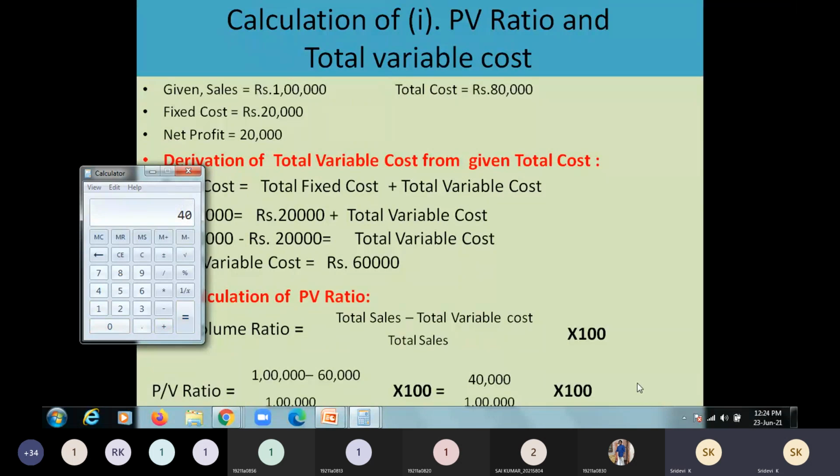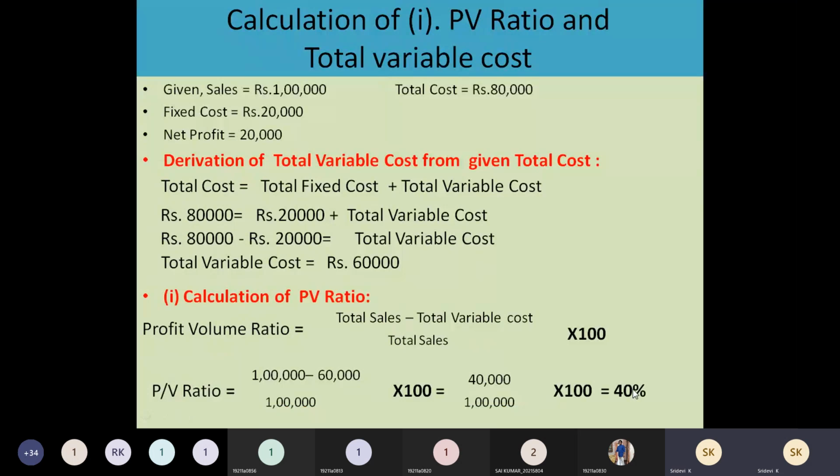Whenever you multiply with 100, you have to keep in mind that the result will be in percentage. So 40% is the result. So this is how you are going to calculate the PV ratio and the derivation of variable cost.